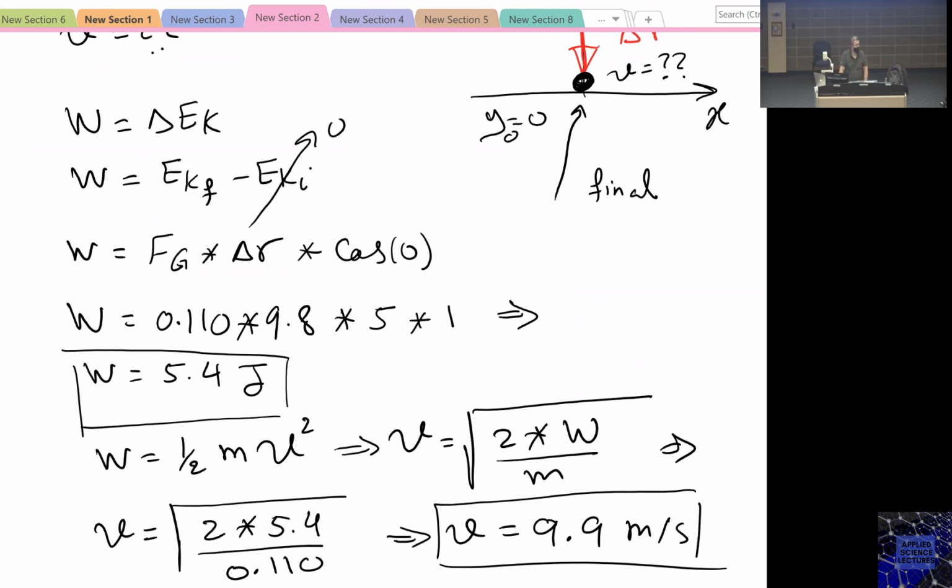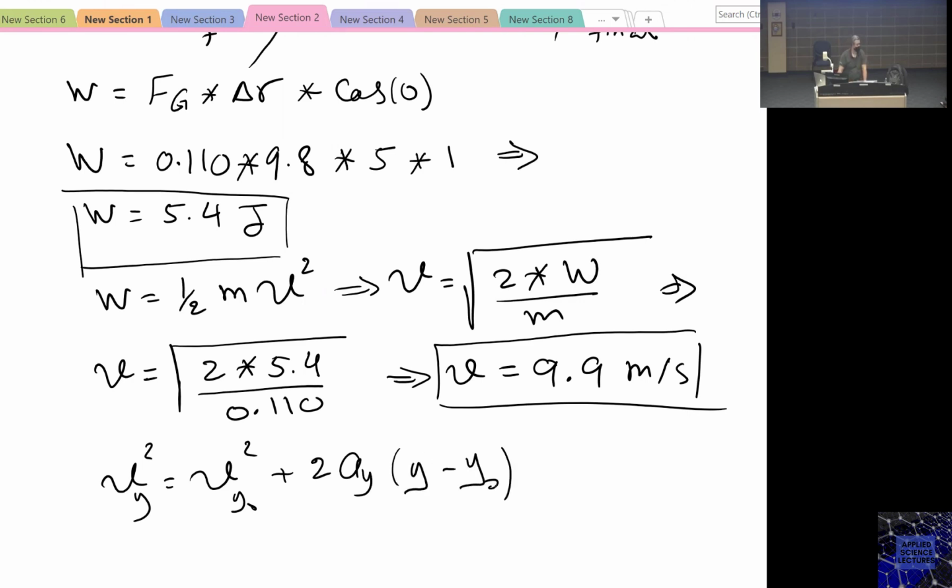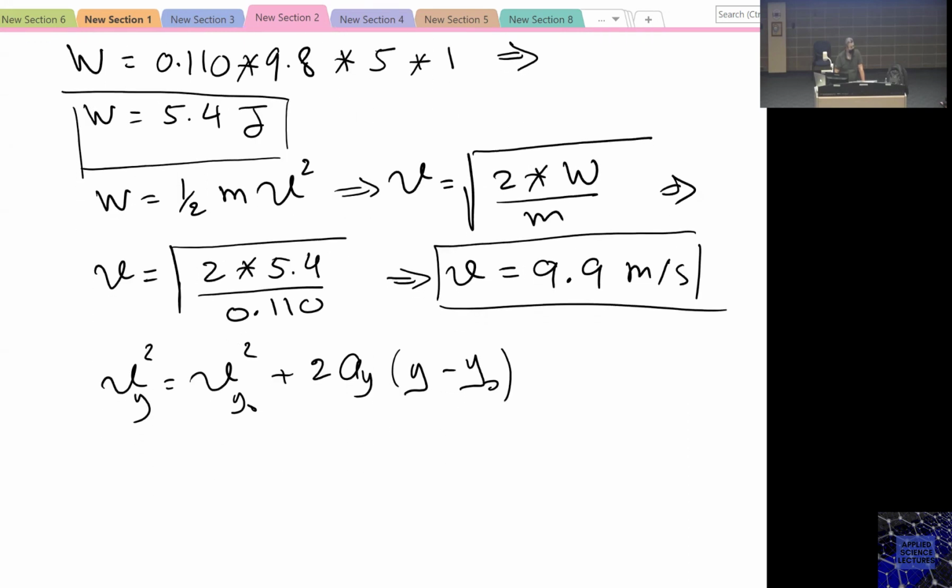Try calculating the speed using the kinematics. Which equation will you pick? I have vy squared equals vy naught squared plus 2 ay times (y minus y naught). Based on the directions, positive y is up.